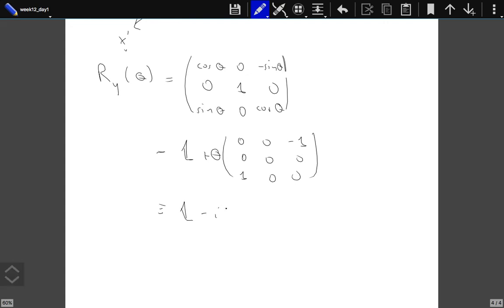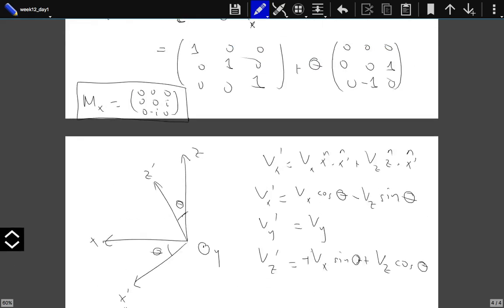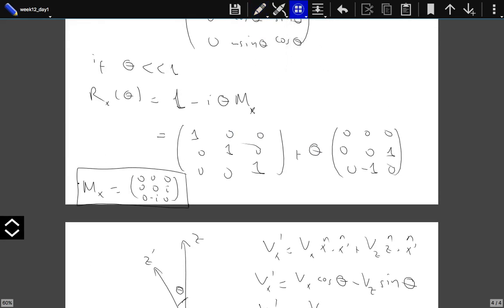Now passive rotation: this is your vector v. After a rotation, your vector v stays the same. Your axes change.